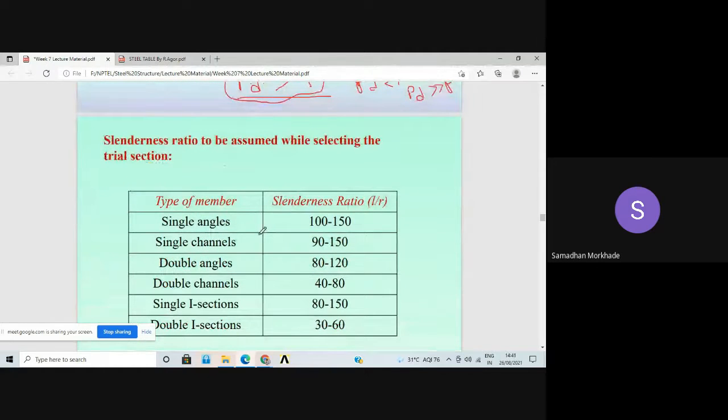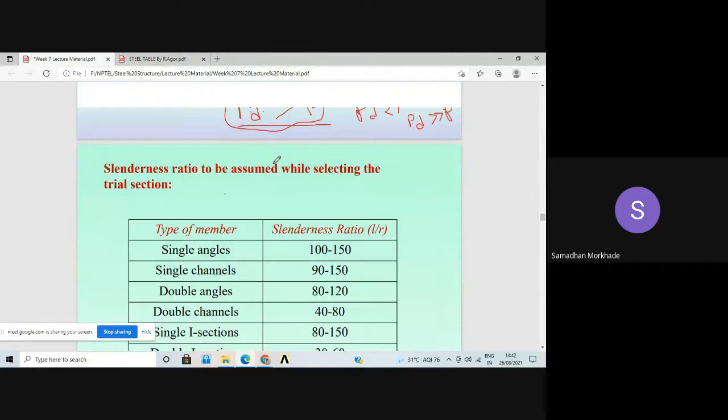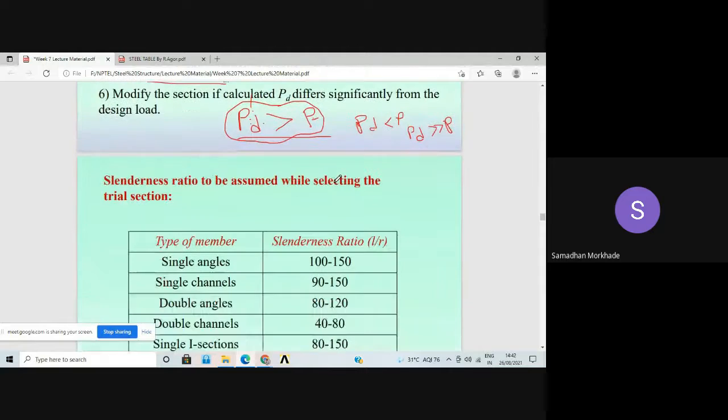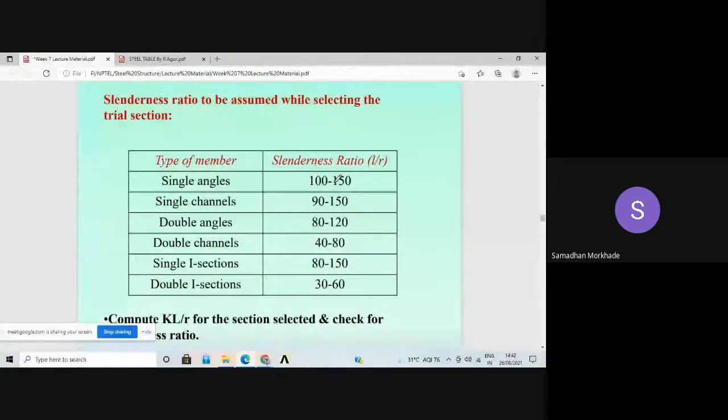Sometimes the slenderness ratio is assumed while selecting the trial sections. Here we assumed FCD first. In different books, different authors follow different steps.